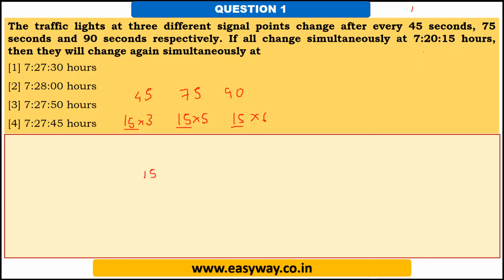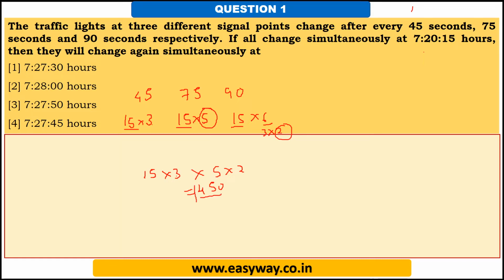Next, 3 is common, and 6 is 3 into 2. Then the numbers left are 5 and 2. So this will be 15 threes are 45, 45 twos are 90, and 90 fives are 450. So they will together change after 450 seconds.